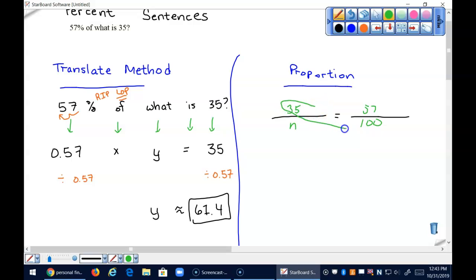I cross multiply because I don't like riplop, and I just made a mess. This is harder than it looks, guys. So N times 57, I just put N 57, equals 35 times 100. And then N 57 equals 3,500.